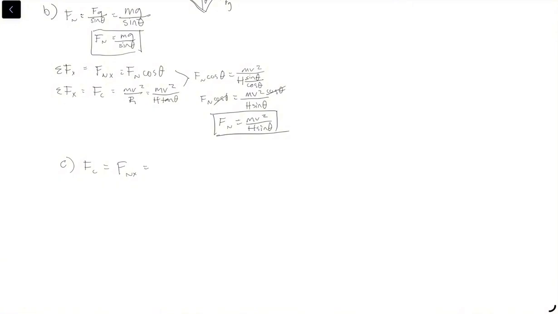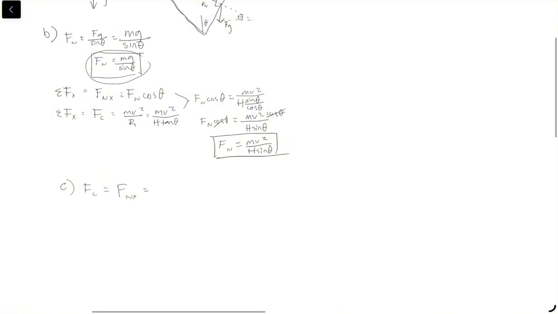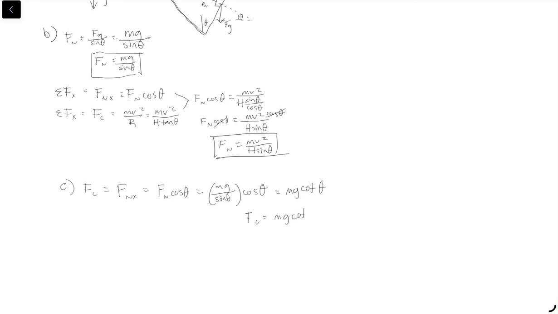So we can use this formula that we already derived for Fn. So mg over sine times cosine, or this simplifies to just mg times cotangent theta. So I'm going to rewrite it so I can box my answer.